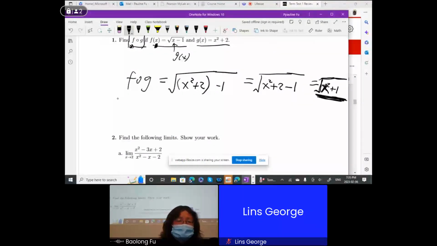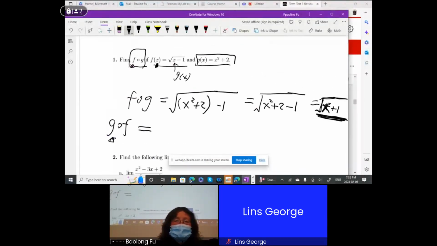So next, I will do g composite f. It means when you see x in g, plug in f. So this is g. When you see x in g, plug in f. Okay, so this is f, squared plus 2.